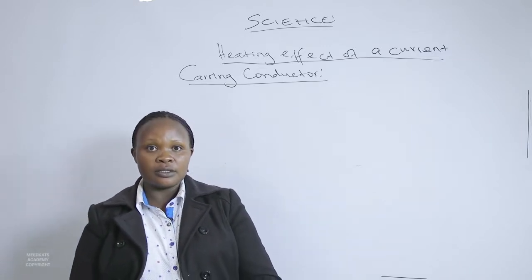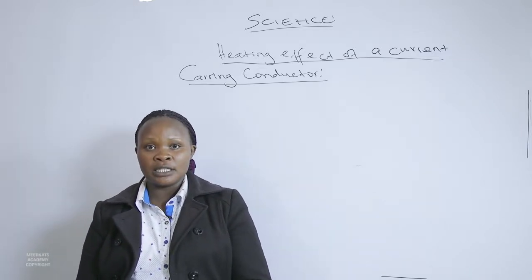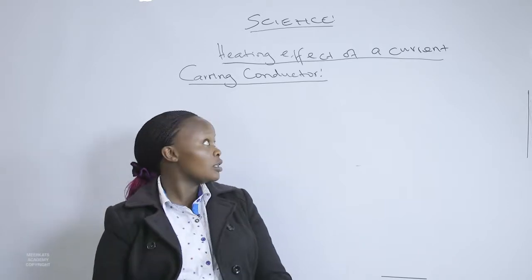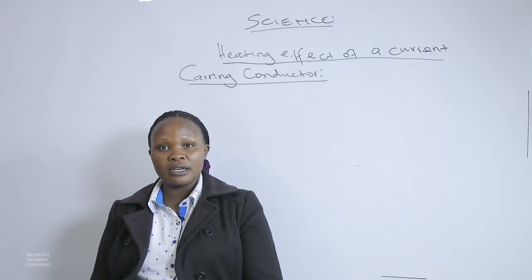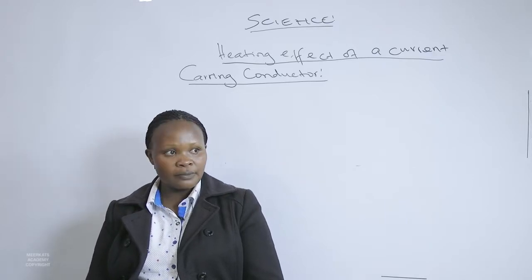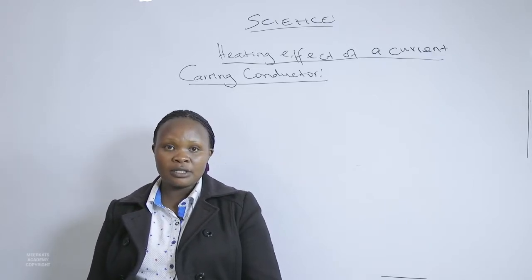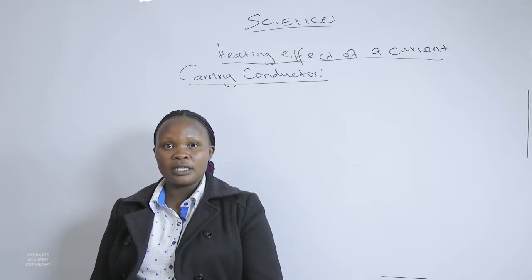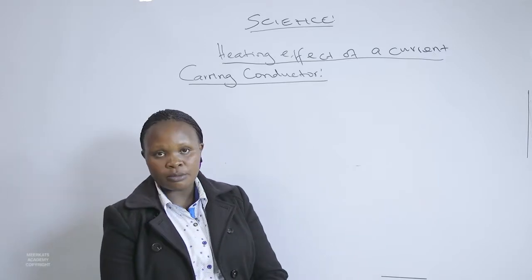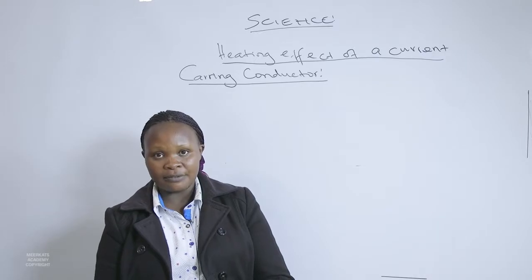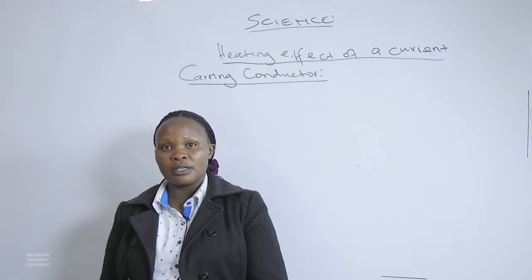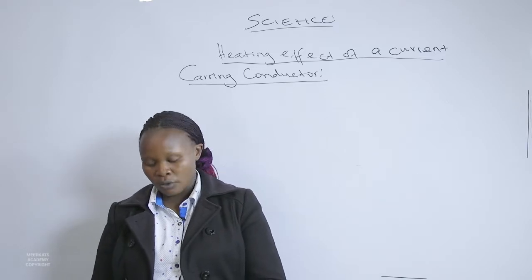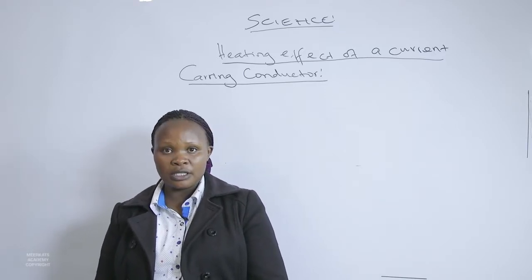We are still on the heating effect of a current carrying conductor, and in our previous lesson we were able to discover that an electric current carrying conductor can produce a heating effect depending on the resistance offered by the same to the flow of electric charges.